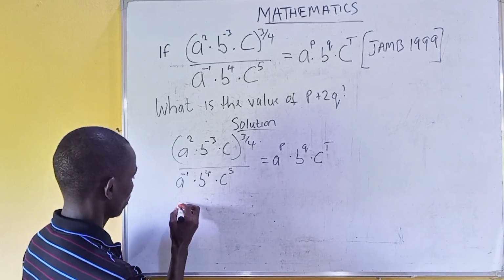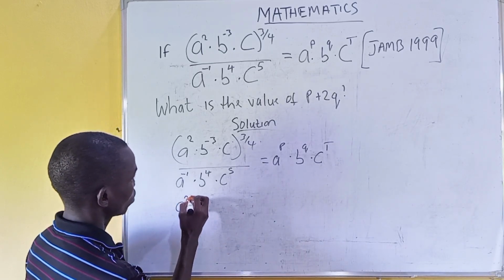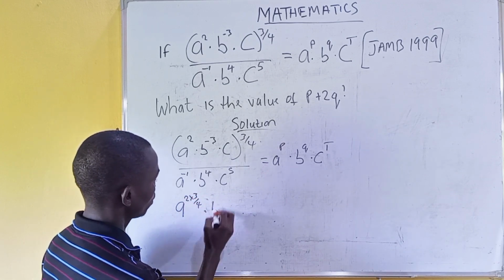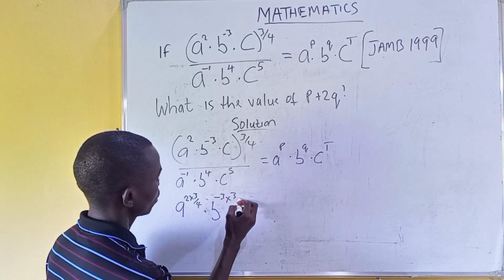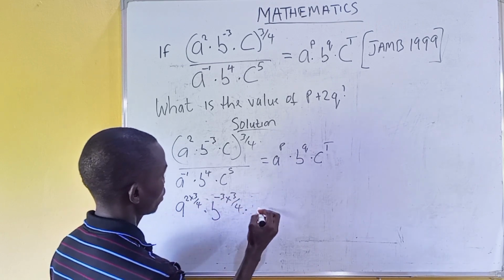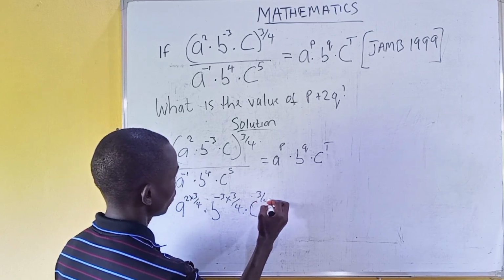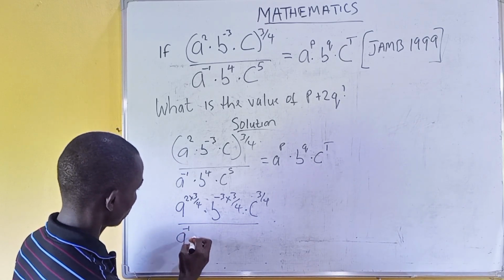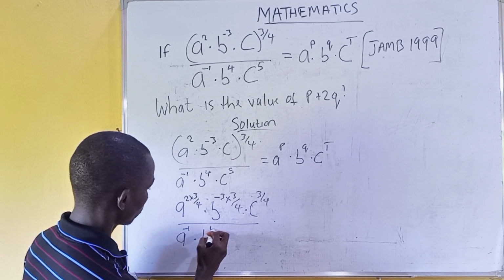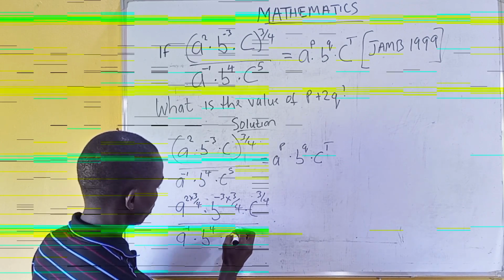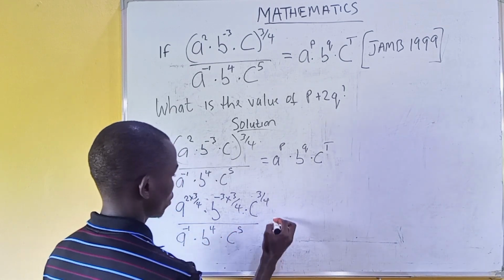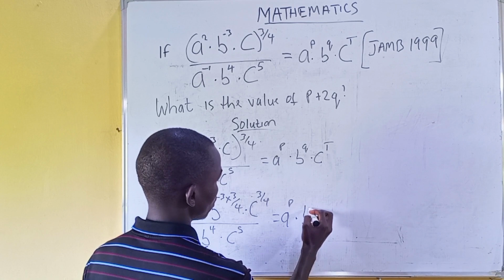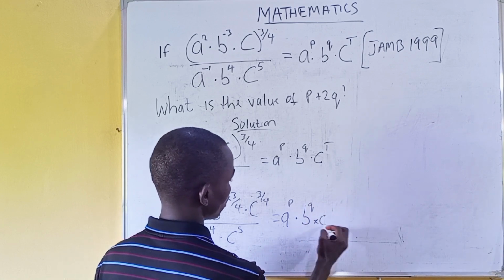It will now be a^(2 times 3/4), b^(-3 times 3/4), c^(3/4), all over a^-1 times b^4 times c^5, is equal to a^p b^q c^t.